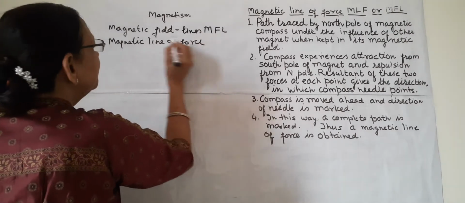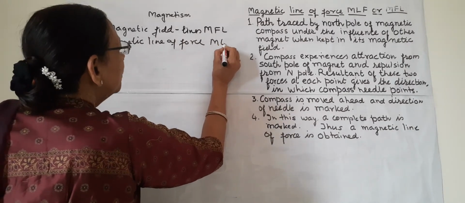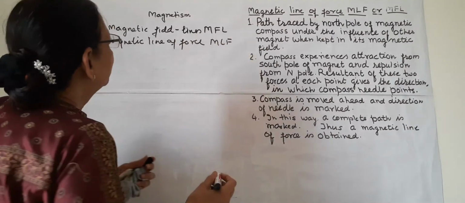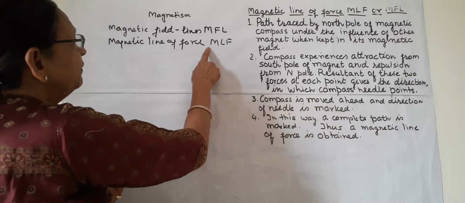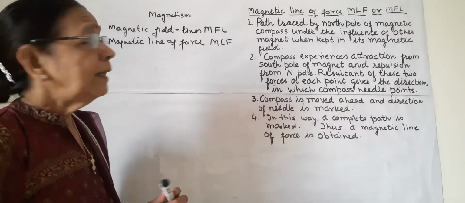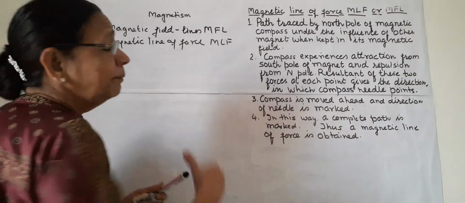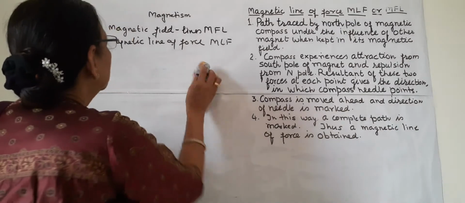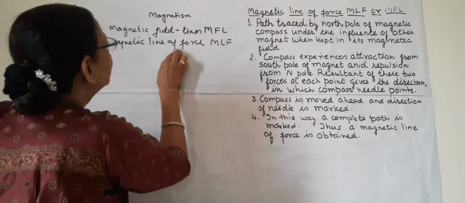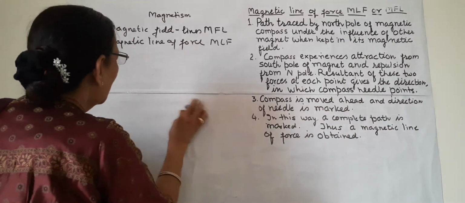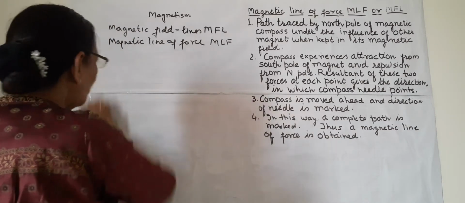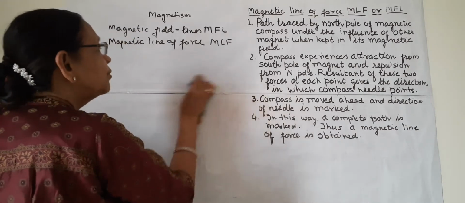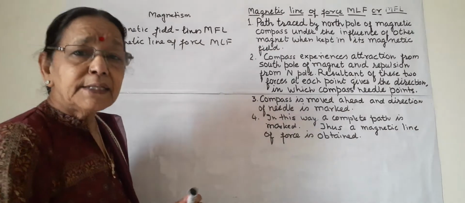This is one and the same thing, and if we call them magnetic lines of force, we abbreviate them as MLF. Now what are these magnetic lines of force, how are they formed, and what do they depict? We should know the answers to these questions.